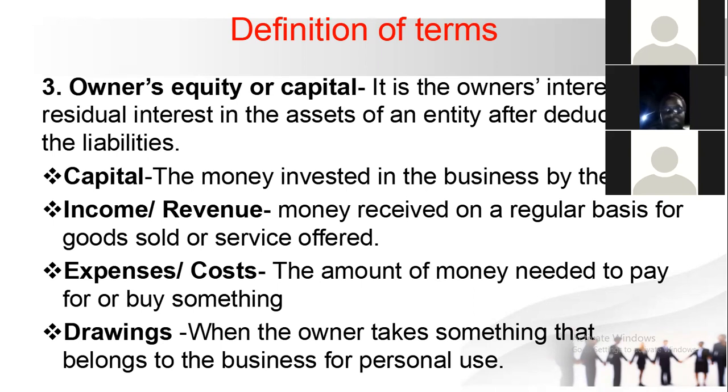And then under owner's equity, we will also find income or revenue. This is the money received on a regular basis for goods sold or a service offered. As we conduct our operations in the day-to-day running of business, we are dealing with a certain product or a certain service.